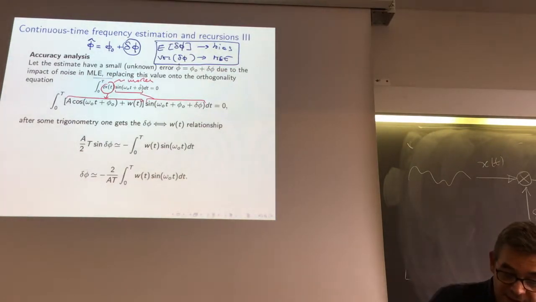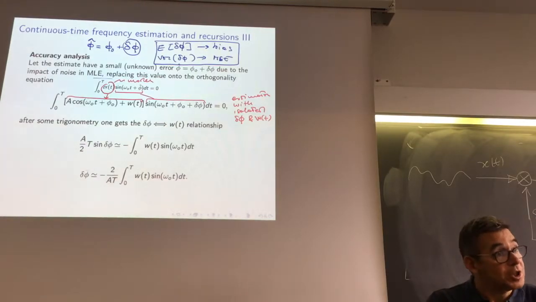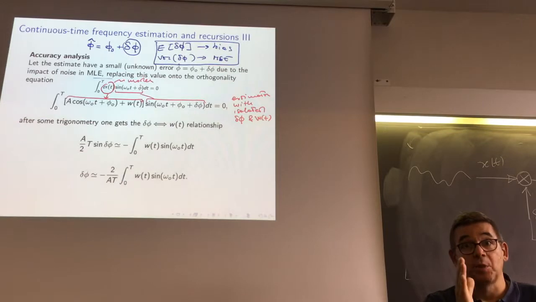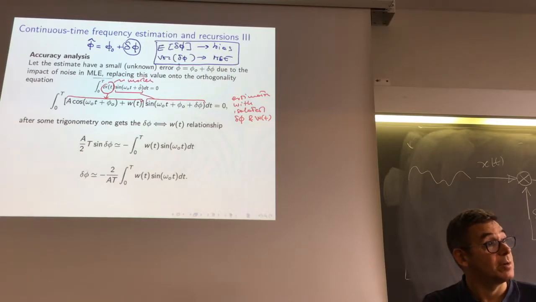So this one is the estimator with isolated delta phi and w(t). What makes the estimator change, being random, is only the noise, because the noise is the only random term.